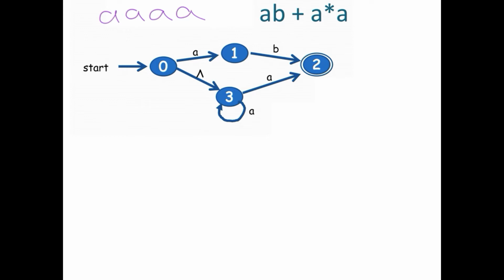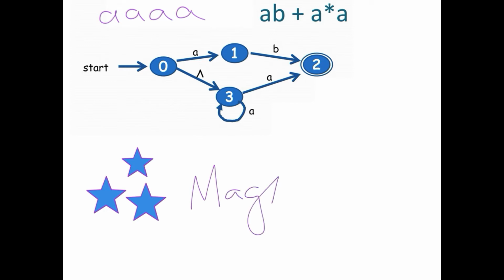The first way that some computer scientists like to think about NFAs is the magic approach. The magic way of thinking about how an NFA processes a string is you just say, okay, the NFA always guesses right.